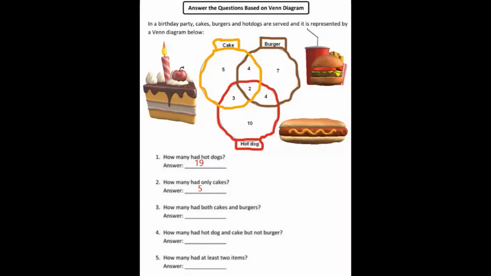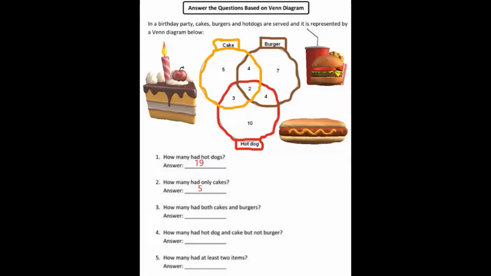Number 3, how many had both cakes and burgers? And again, I just made that reference about who had just cakes and burgers. So we know 5 people had cake. Oh, excuse me, that's wrong. Looking at the question again, it says how many had both cakes and burgers, and that's all, just cakes and hamburgers.